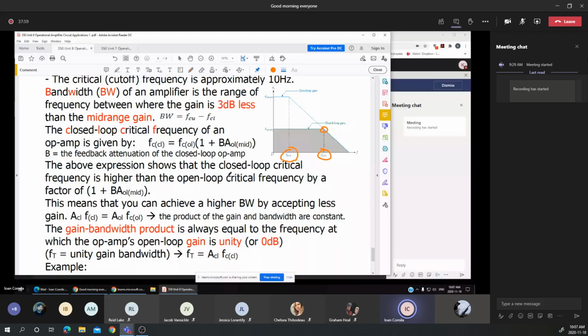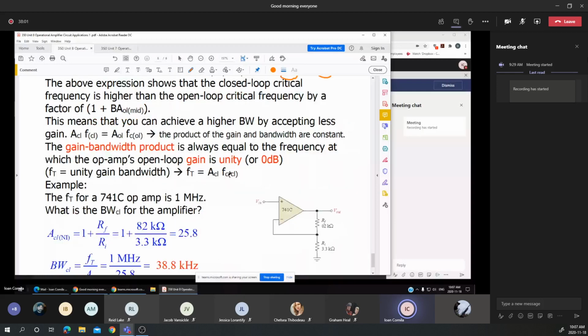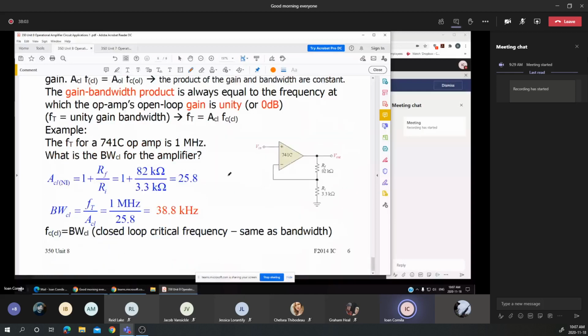And that's the application that may be used, using the same two resistors, 82 kilohms and 3.3 kilohms. Again, if we are looking to calculate the non-inverting gain of the circuit, or the closed loop gain for a non-inverting amplifier, we'll end up with a positive value, 25.8.